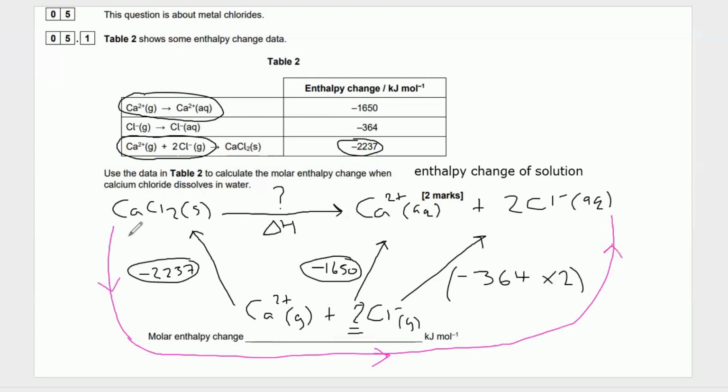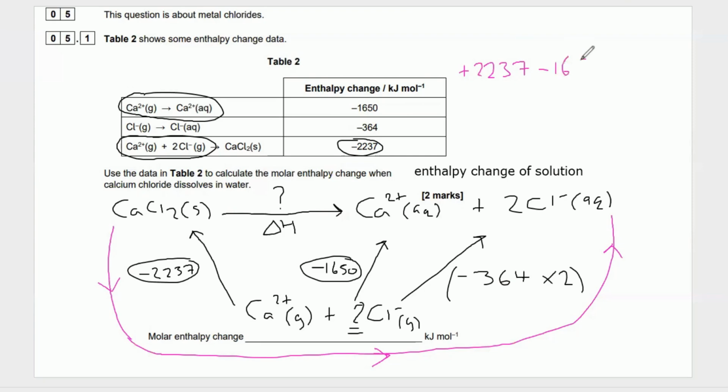Let's look at those arrows. Wherever my purple arrow goes against the other arrow, you reverse the sign. That's because this is going from the lattice formation enthalpy, and we're changing it into lattice dissociation enthalpy, so it's the opposite. It's plus 2237, because look at my arrows, they're going in opposite directions.